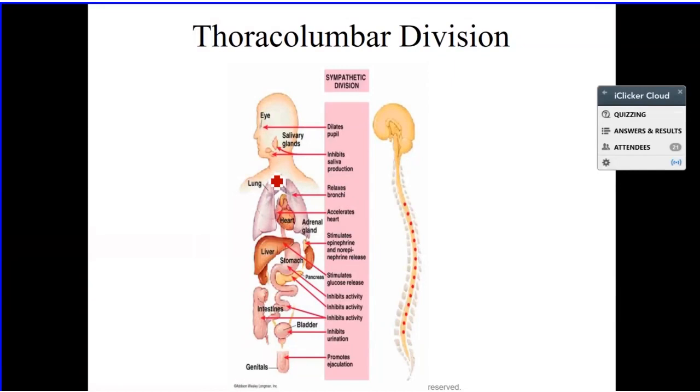So sympathetic tells us fight and flight, the 4 E's. There's 4 E's again, y'all. Excitement, I heard emergency, exercising and embarrassment, yeah. So the 4 E's. Now, the thoracolumbar part just tells us where that neuron exits.